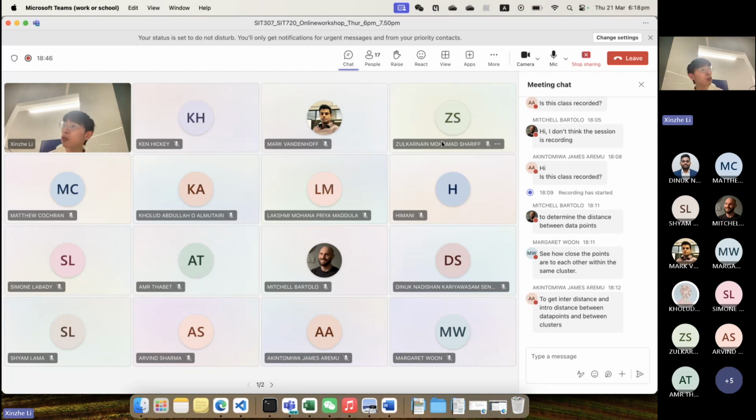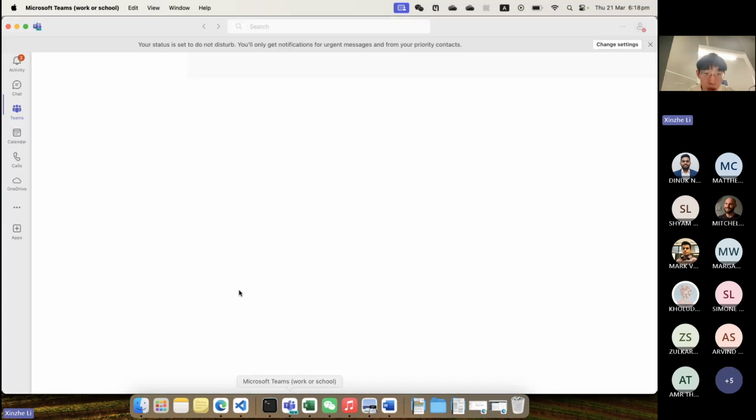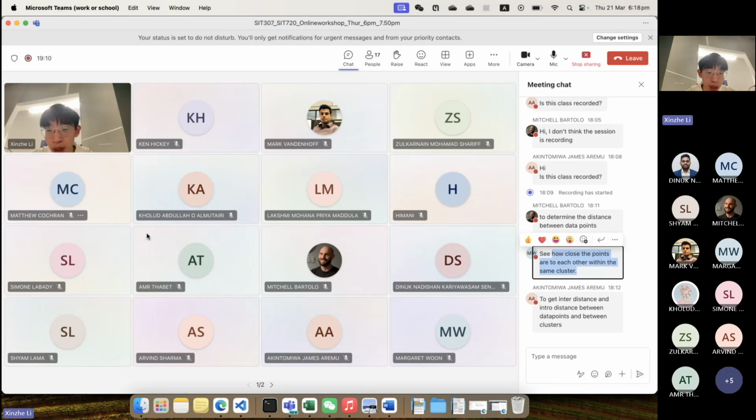I think this will be calculated in what is called the silhouette score. We will look at it later. Then we will go back to see whether this idea is related to the evaluation metric.